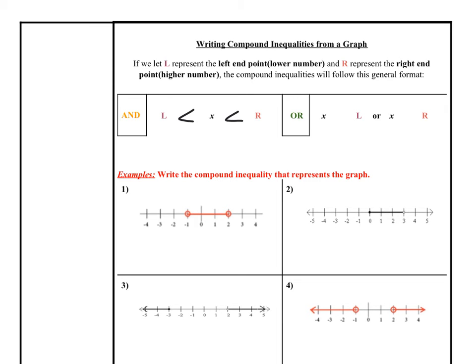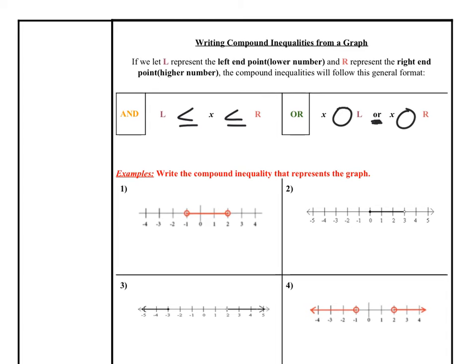It might be or equal to, it just depends on the problem. And then if we're talking about or inequalities, then you will have two different inequalities separated by an or. And then your signs would go here. So we're going to look at these graphs and we will write the compound inequality.